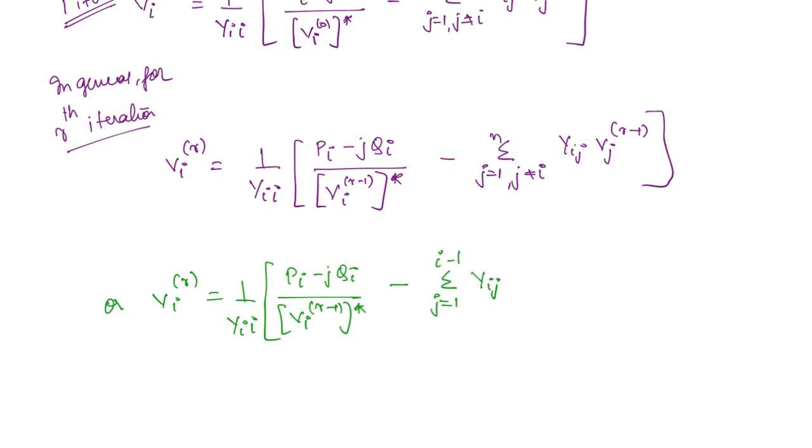So Y_ij, V_j, rth iteration, okay, minus from j equal to i plus 1, the ith bus is not included, so i plus 1 to n, this will be the r minus 1th iterations). So this slightly modified expression is for faster convergence.